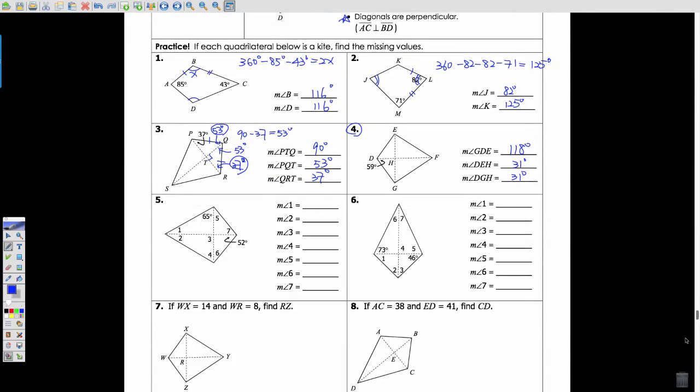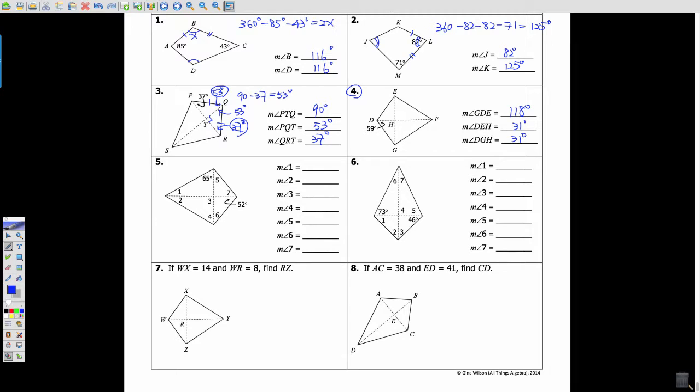So let's look at these questions. Here I've got 65. If I know that that's 65, this must be 65 for angle 4 because this is an isosceles triangle here. They're congruent.